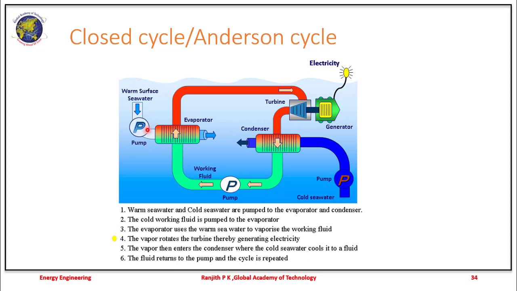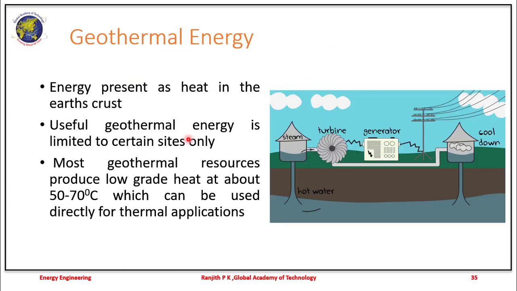And additionally, at certain periods of time, the warm seawater is also added into the evaporator, so that this cold water and the warm surface water combine in the evaporator, and then the cycle operates.